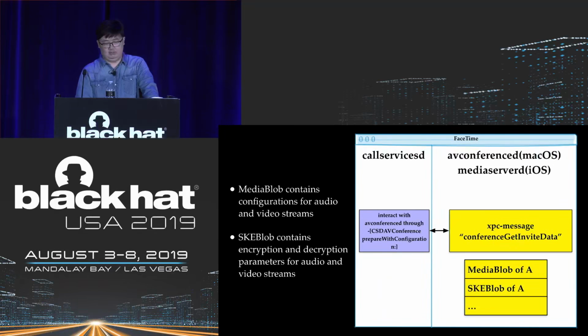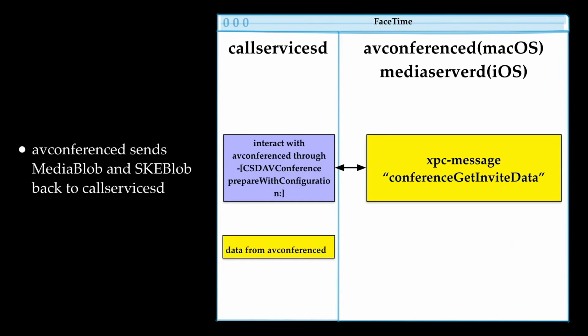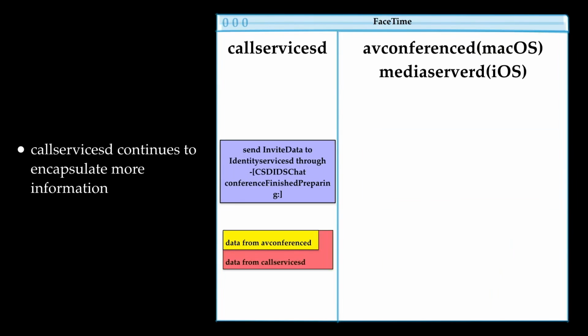The SKE blob contains the encryption and decryption parameters for audio and video streams. After AVConferenced generates the blobs, it sends them back to callservicesd. Callservicesd then continues to encapsulate more information.